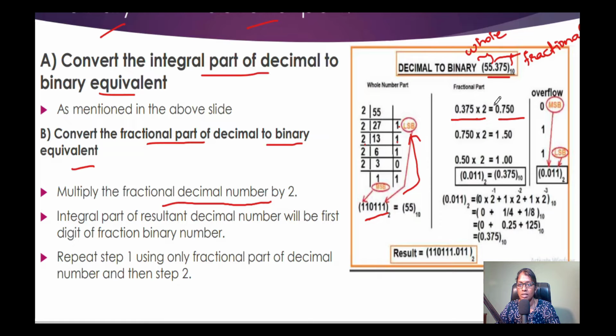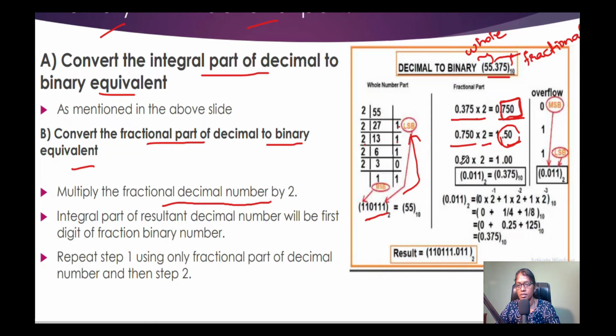Take only the overflow number, 0, and write it down. Then 0.750 into 2 is equal to 1.50. The digit before the decimal point, you take and keep in the overflow section, and in the next step you take 0.50 only, not 1.